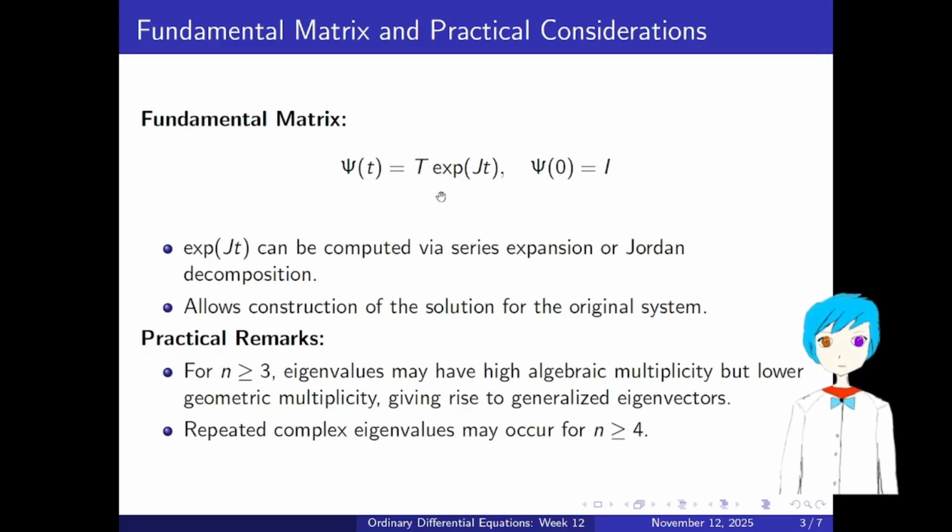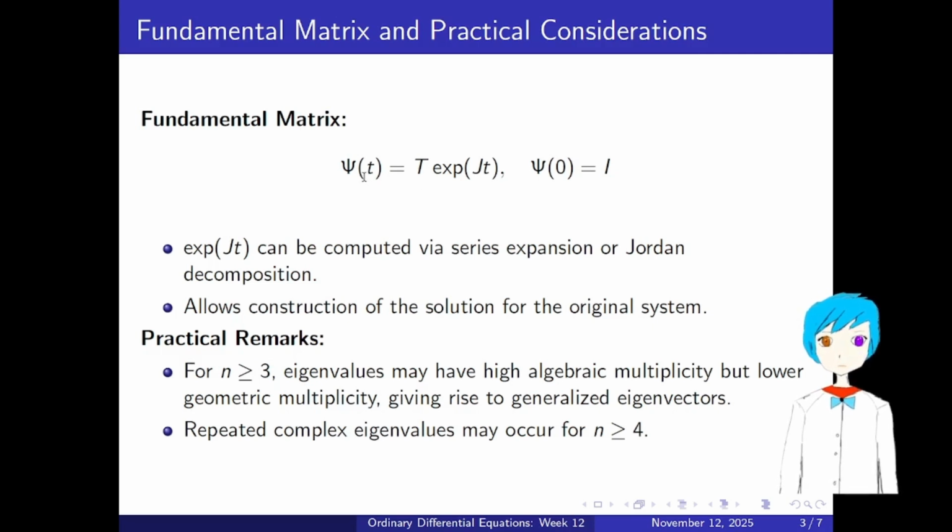Specifically, if we combine those linearly independent solutions together for the equation x dot equals Ax, we get the fundamental matrix P(t).